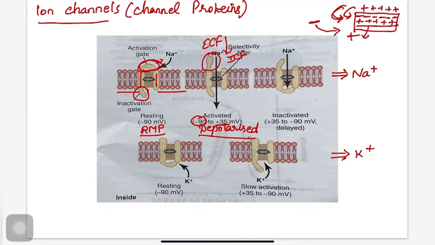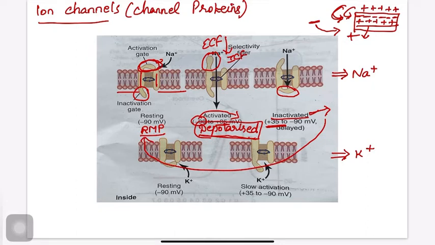When the potential reaches about plus 35 millivolt, the inactivation gate gets closed and it reaches a state called the inactivated state, which will open only when it reaches the resting membrane potential again.